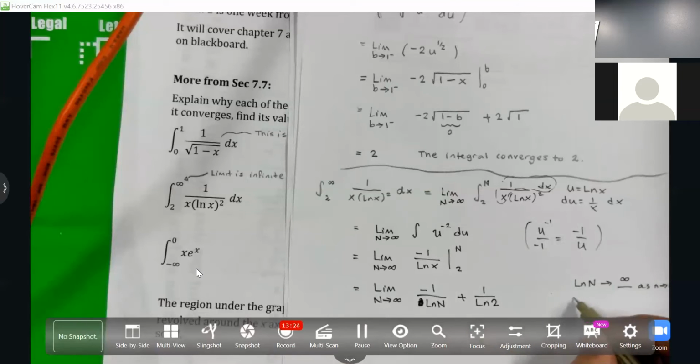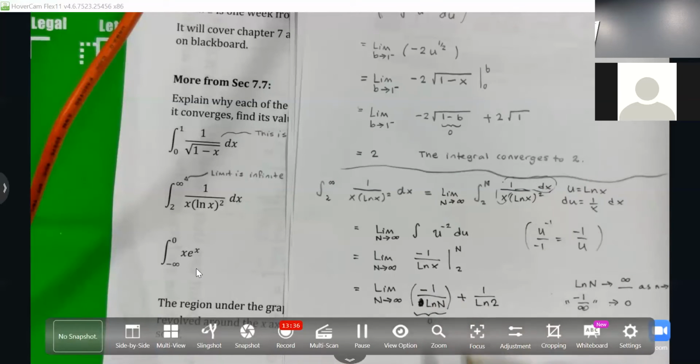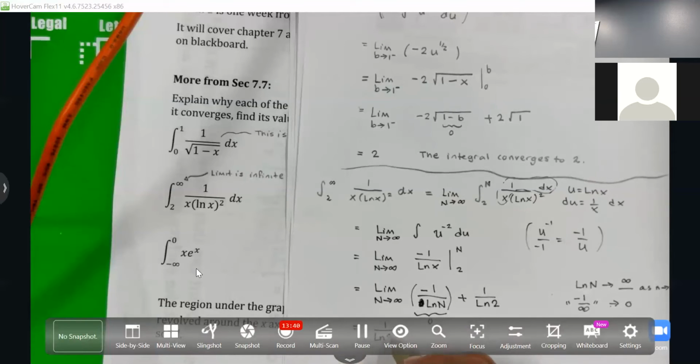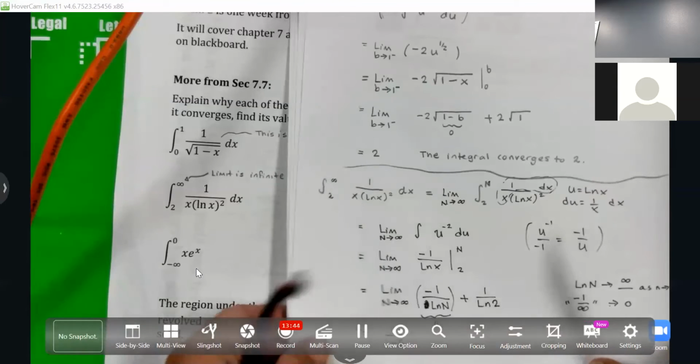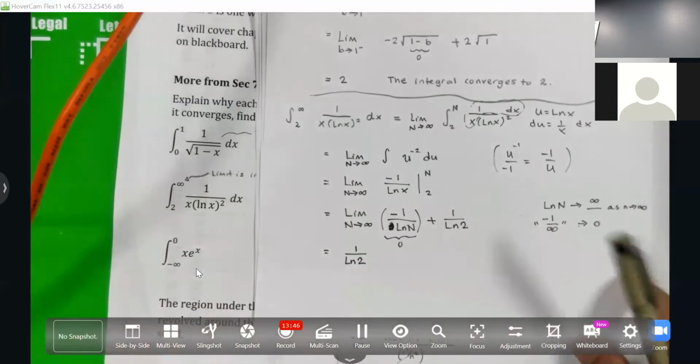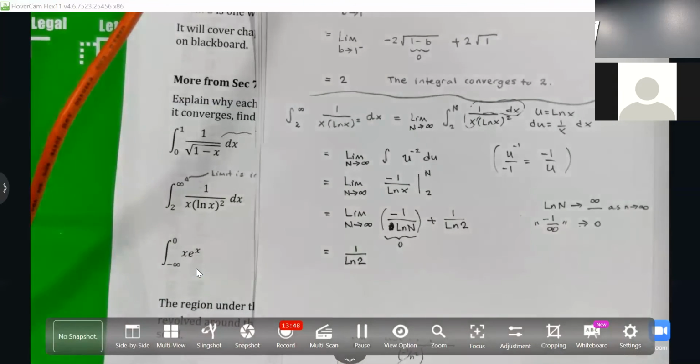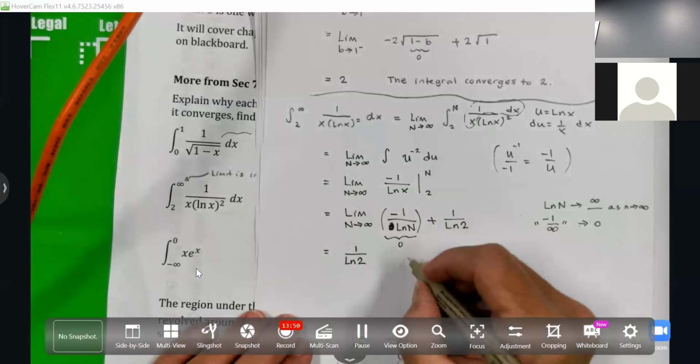So this leaves me a negative 1 over infinity, which is going to go to 0. So this whole term is going to 0. And that leaves me a 1 over the natural log of 2, not one of your favorite numbers, but it is a real number. And that means our integral converges. It converges to 1 over the natural log of 2.